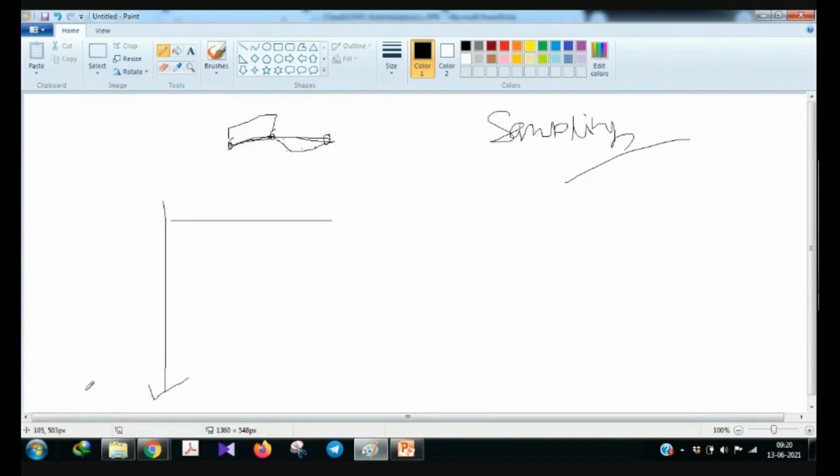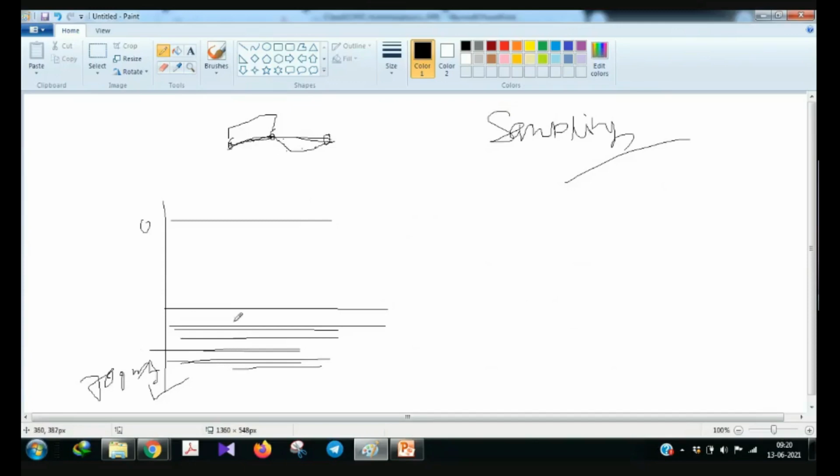Let's say you have taken 700 nanoseconds, from 0 to there, and you have data only up to this point. So your data will be on that screen, and the rest of the data won't be visible. This is the noise part. This part is your data, and this portion can be removed easily.